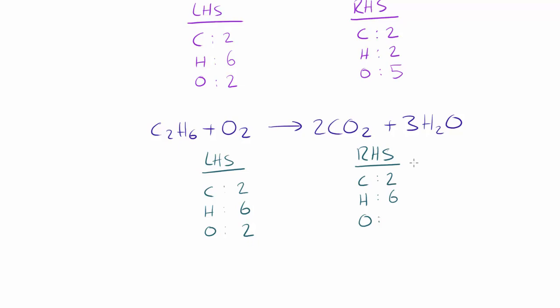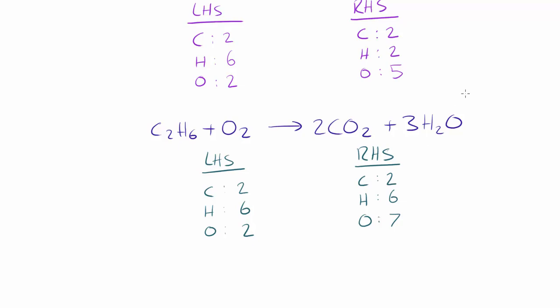But for oxygen, we've got 2 times 2. So we're going to have 4 oxygens from here, and we're going to have 3 times 1 effectively, right? So what does that give us? That's effectively going to be 4 plus 3. So for oxygens, we're actually going to have a 7, okay? We're going to have a 7 here.